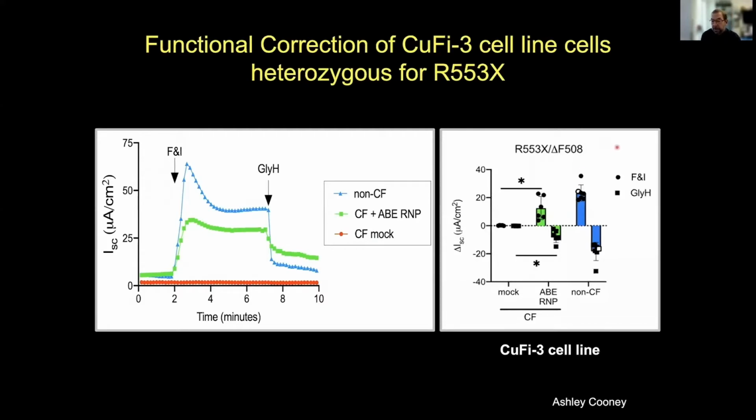The results of several experiments are summarized on the right. Mock-treated cells have no significant current. We see restoration of current in the ABE-treated cells, and this is in comparison to the non-CF controls on the right for forskolin/IBMX and GlyH.